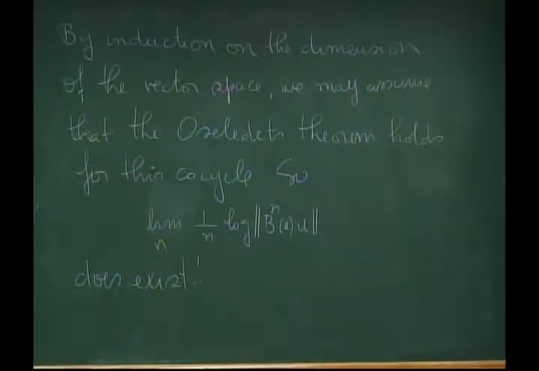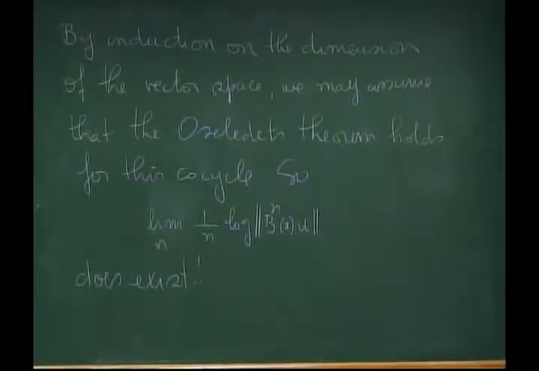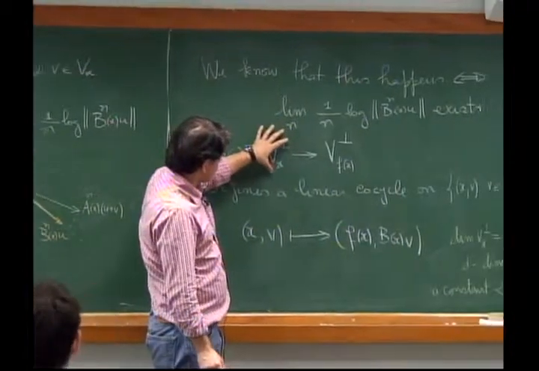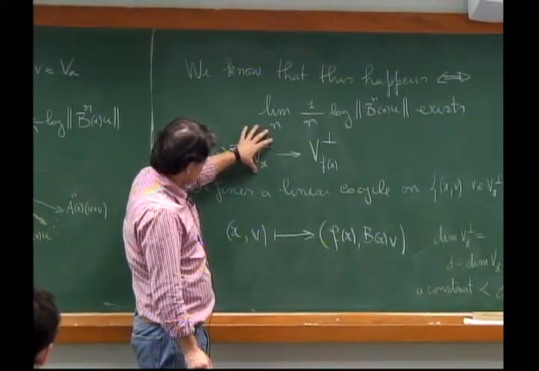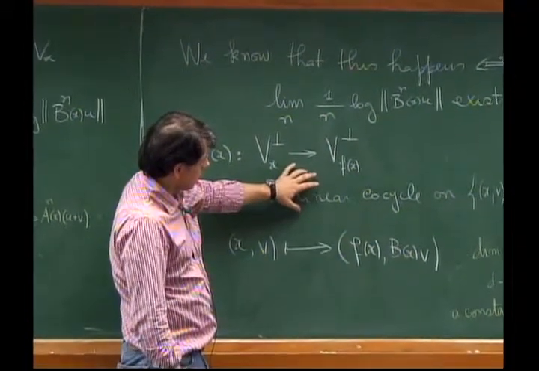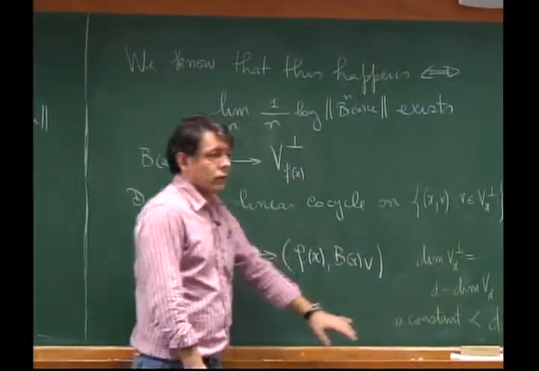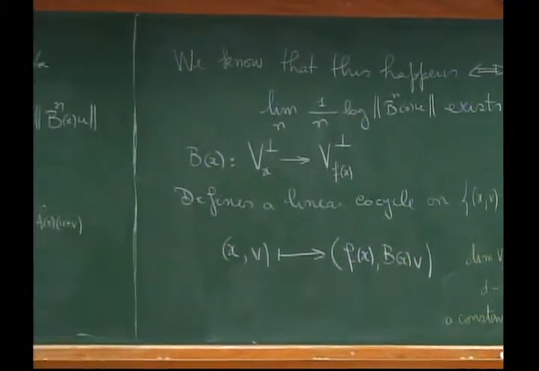This limit exists if and only if this one exists, and this one exists because now we are working with a cocycle on a space whose dimension is strictly smaller. So we may use induction.